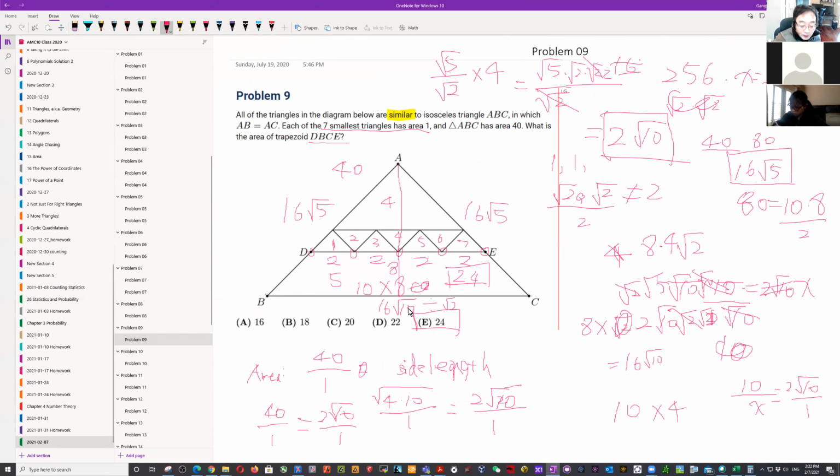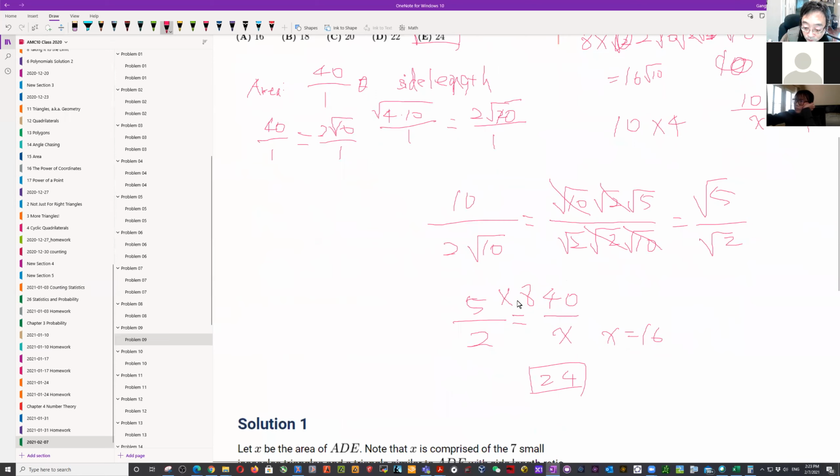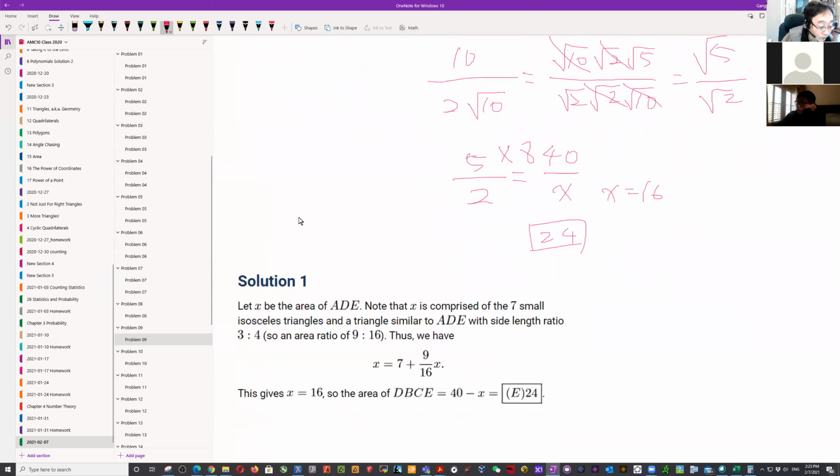What I did is just assume the ratio of the sides, then you do some manipulations and you will be able to get it. So let's go to the next one.